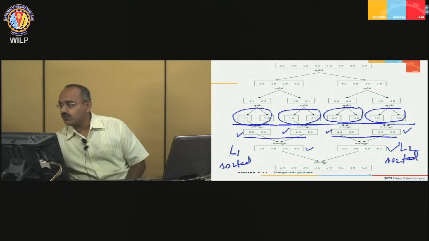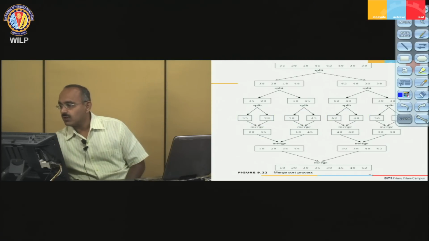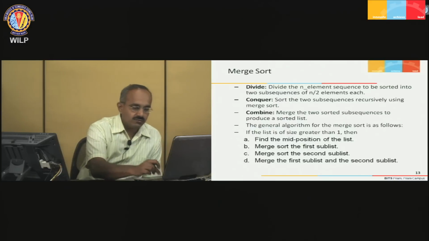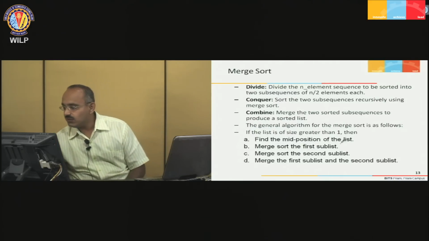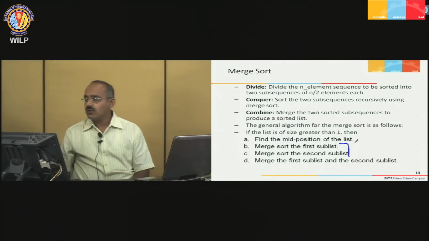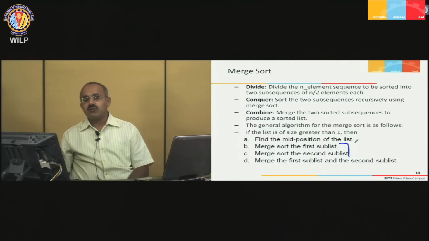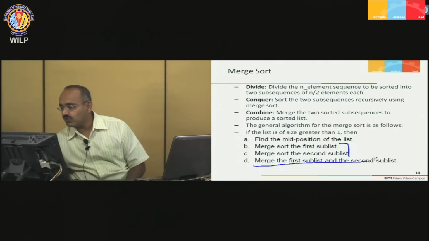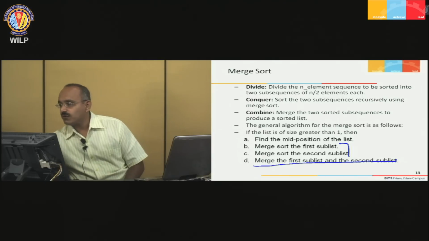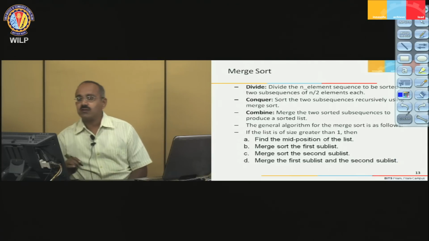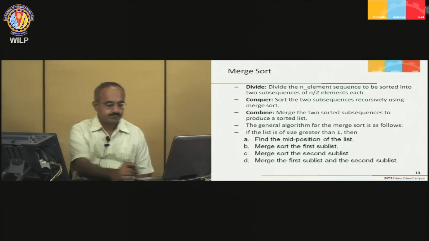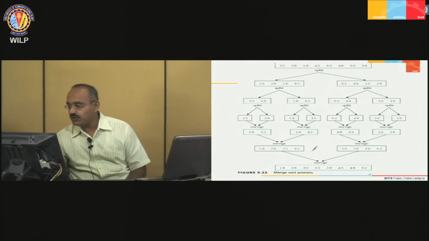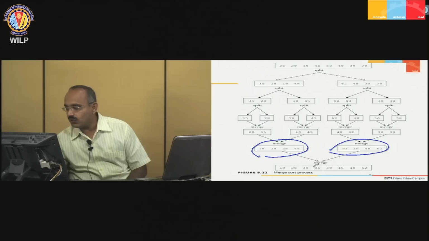So, this precisely is the state that is mentioned here. After doing all this procedure, we have L1 and L2 which are already sorted. What remains is the merge of the first sublist with the second sublist, which is done here. You have L1 sorted and L2 sorted, and you have merged them into a single sorted list.